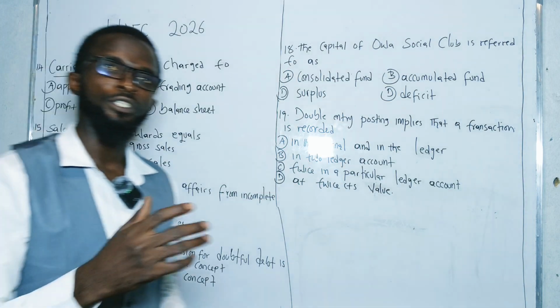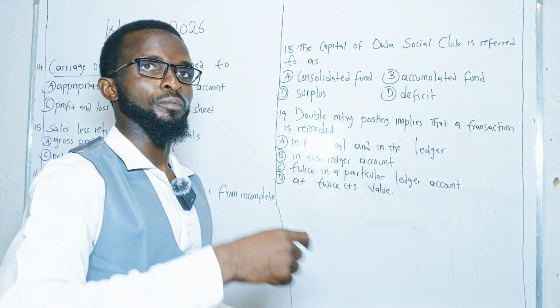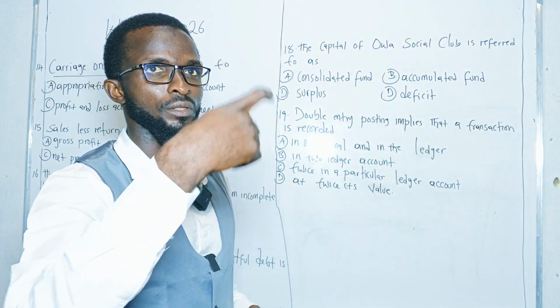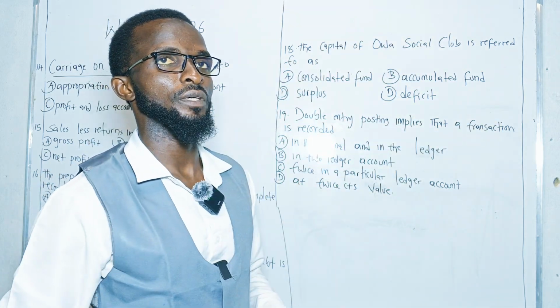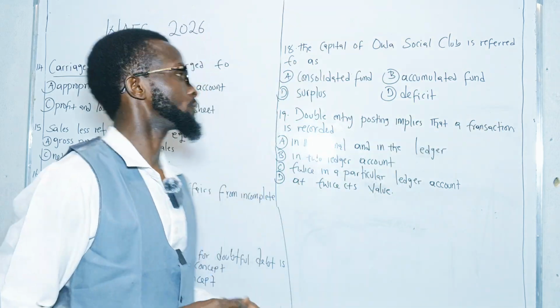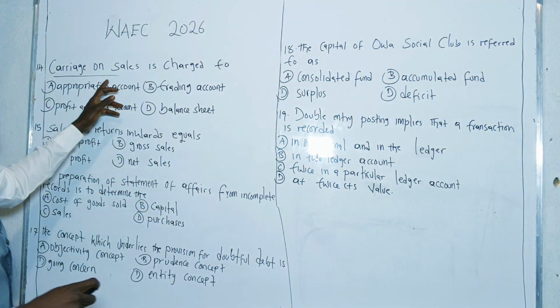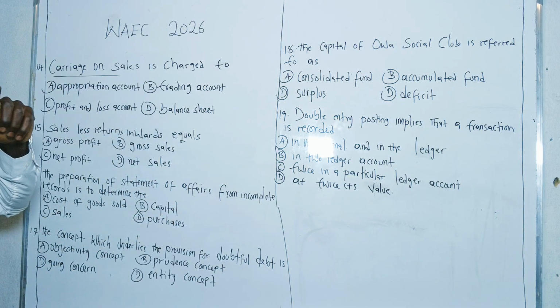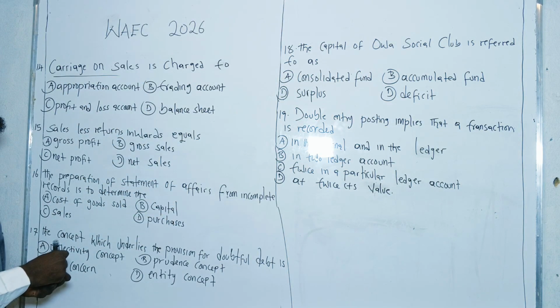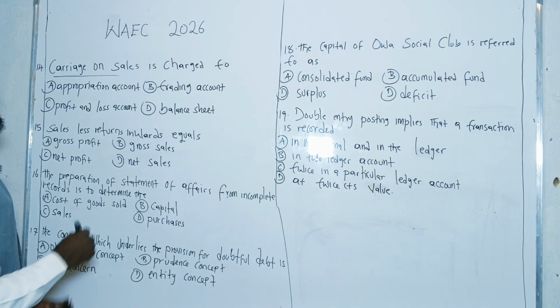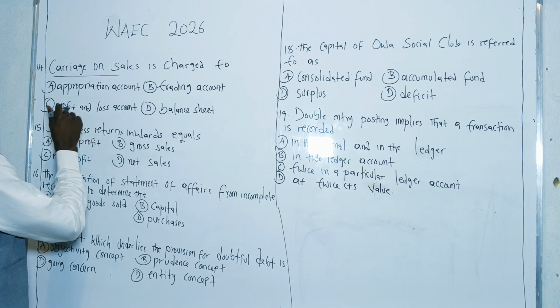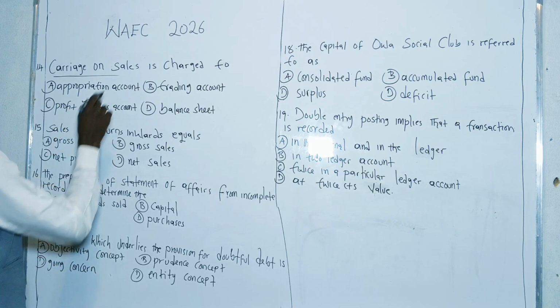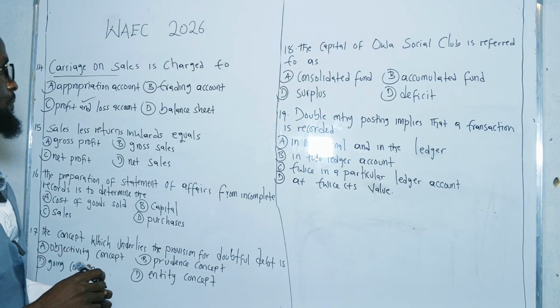When a customer purchases goods, the money for taking the goods to the customer is what we refer to as carriage outward. So where do we charge it? This is the question. We charge carriage outward in the profit and loss account.